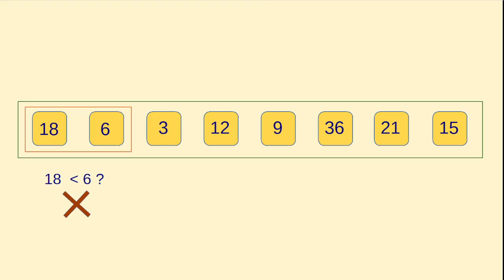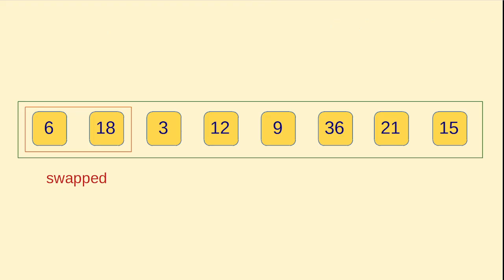The left side element is not less than the right side element, and the decision of our algorithm would be to swap these values. After swapping, we make sure that the larger element comes after the smaller element. That means 18 is placed after 6.